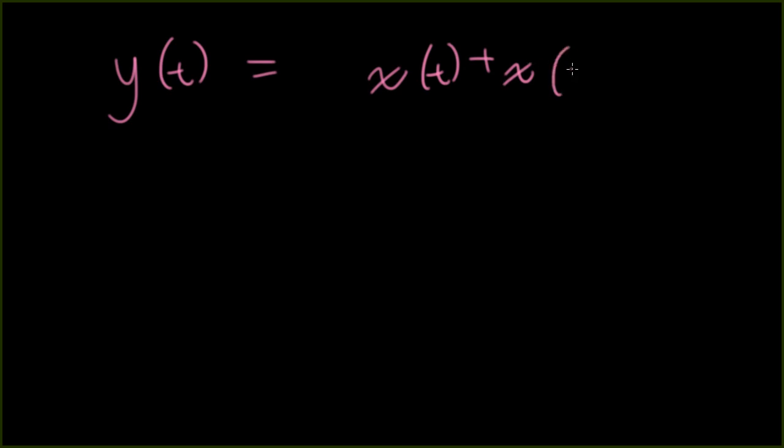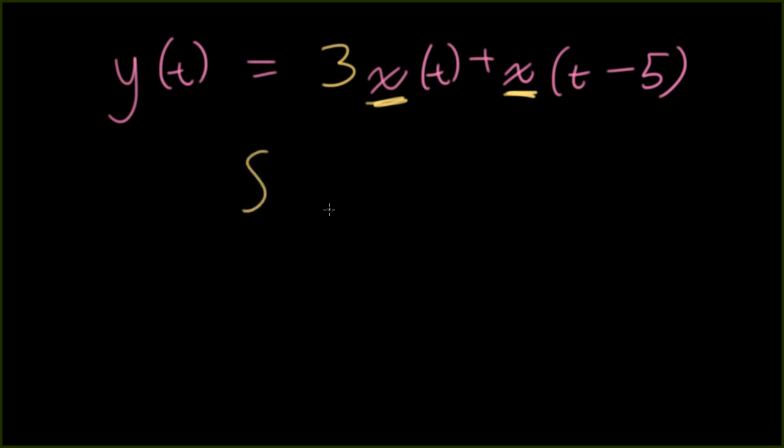So let's say we had something like this: x of t plus x of t minus 5. Okay, that's fine. Everything here is still linear. What if I add a 3 in front of here? Well, that's still fine. I can mess around with the t's in various ways, but I need to be able to have x somehow appear in all the terms that form this expression.